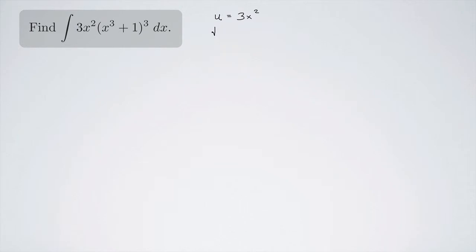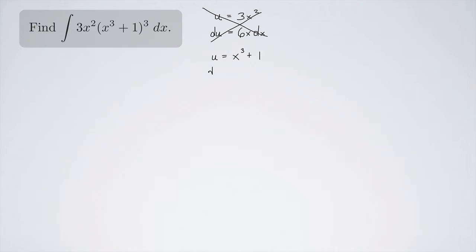And then we would find du, and we would take the derivative here, would be 6x dx. And if you have a du on one side, you better have a dx on the other side. 6x does not show up anywhere else in the integral, so I don't think that's what we're going to want to use.